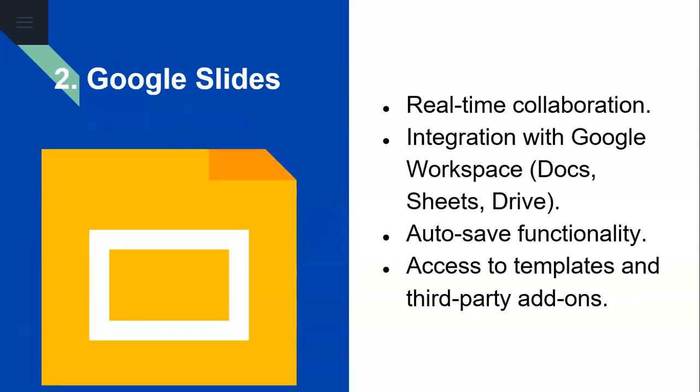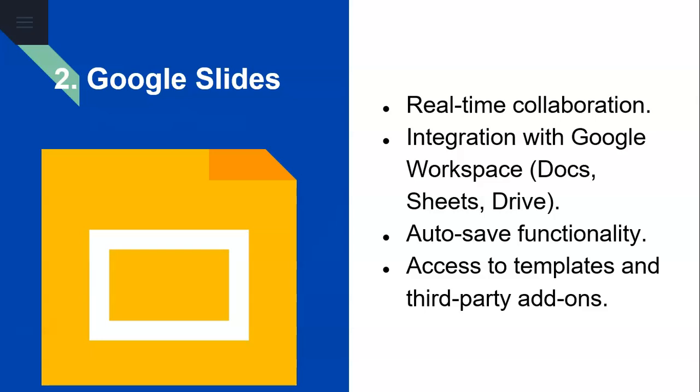Then the second tool is Google Slides. Google Slides is one of those tools that enables real-time online collaboration. It is integrated with Google Workspace, which comprises Google Docs, Google Sheets, Google Drive, and Google Slides.